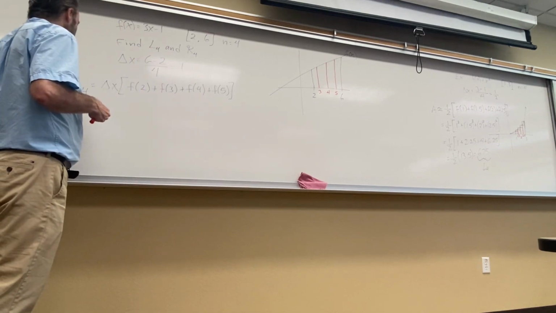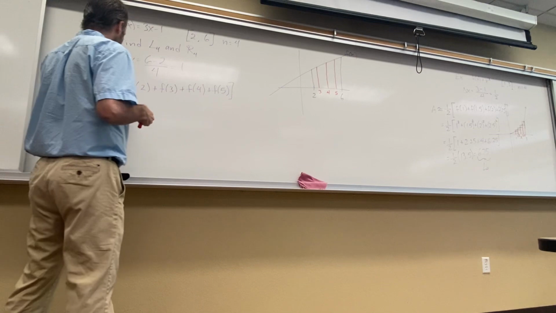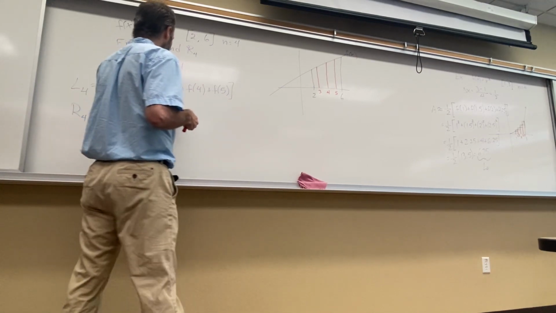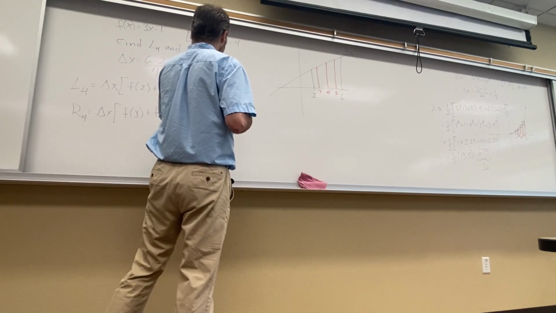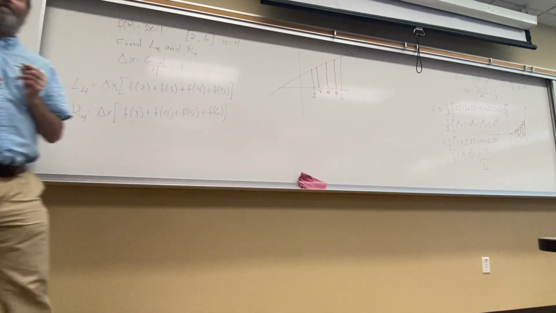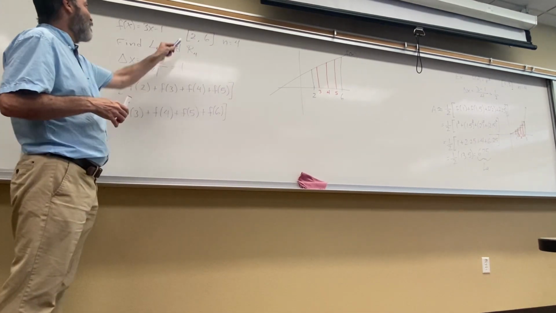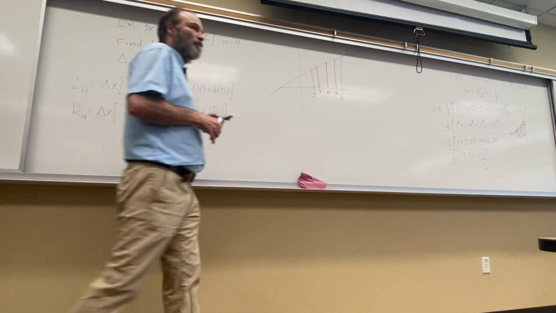And for R4, it's going to be delta x times f of 3, f of 4, f of 5, f of 6. Okay, and the only thing you have left to do is just take these values and plug them into the function, replace them here, and add them up.